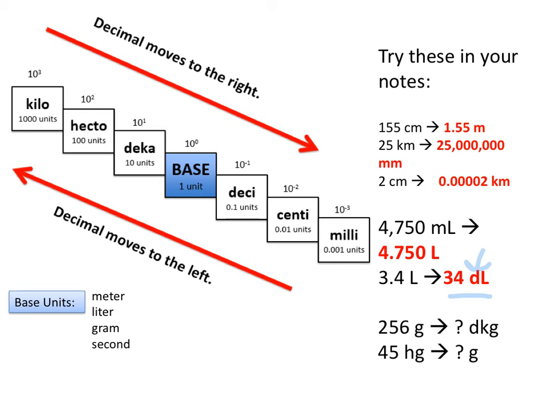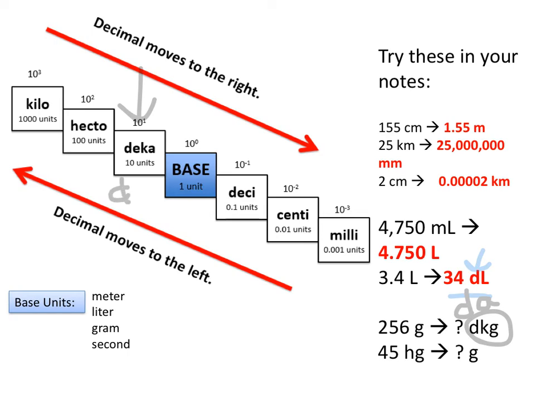The next problem, 256 grams into, now this says DKG. On your chart, I believe it gives the correct abbreviation as DA for deca. Both actually are correct. Both are pretty common usage.